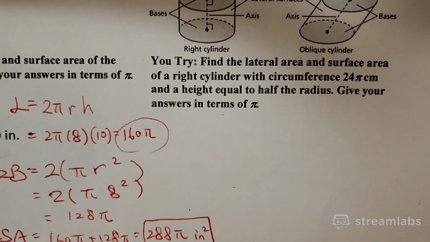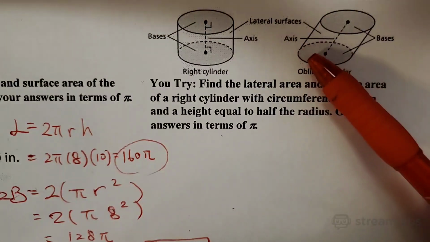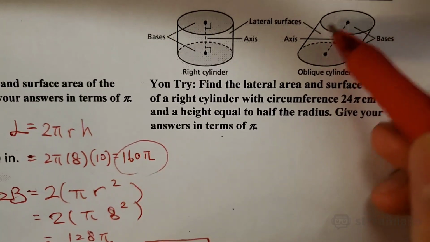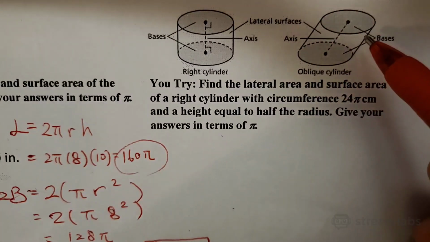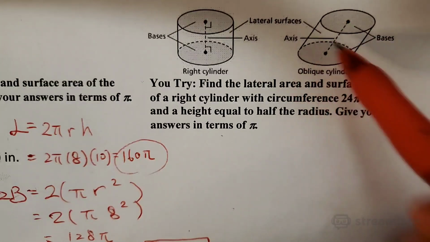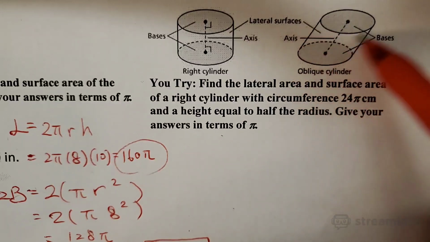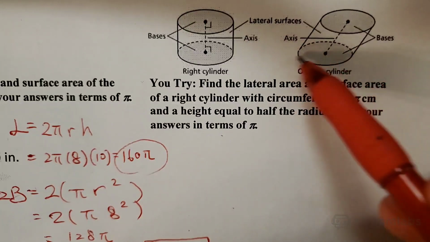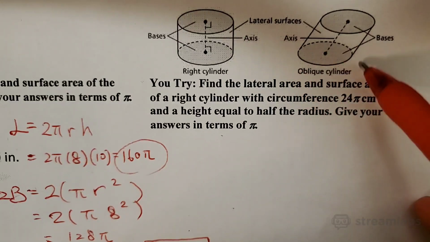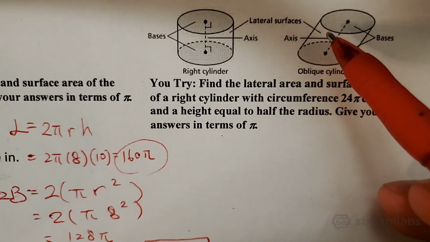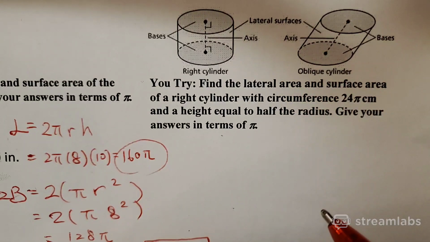Like when you're looking at this, right? When you make it a net, the top and bottom are still circles, but the side, this lateral part, won't be a normal rectangle, right? It will not be a rectangle because when you open this, depending on how slanted it is, it will form a different type of shape.